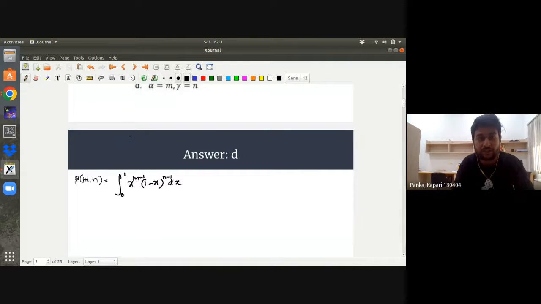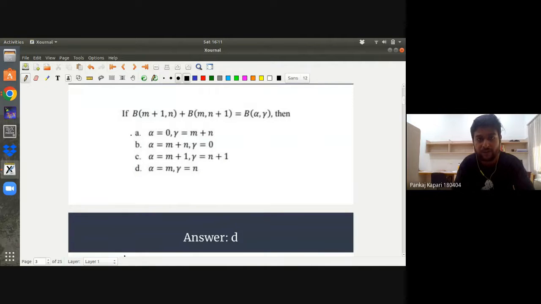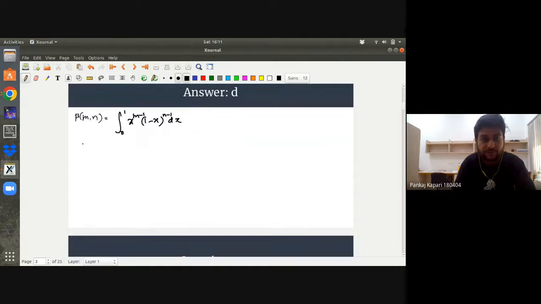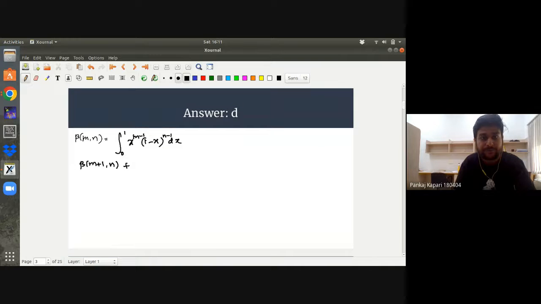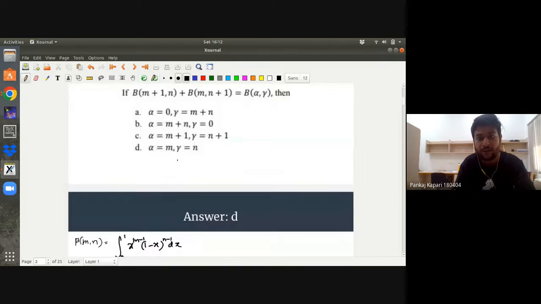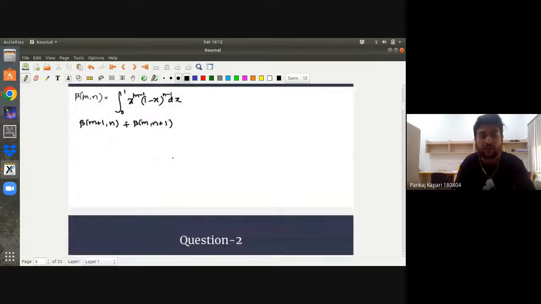This is the definition of the beta function, and we have been given that beta of m plus 1 comma n plus beta of m comma n plus 1 is equal to beta of alpha comma gamma, and we have to find the values of alpha and gamma.